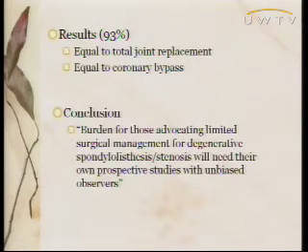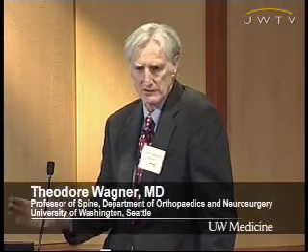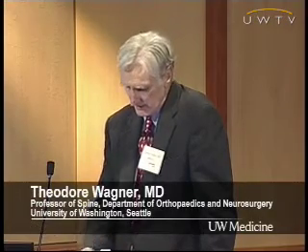And so the conclusion is that we now have a procedure that is equal, in outcome, to joint replacement and to coronary bypass, two well-known successful procedures. And he says, in conclusion, that the burden for those advocating limited surgical management for degenerative spondylolisthesis stenosis will be to have their own prospective studies with unbiased observers. So he's encouraging them to go and do the whole study over again for those patients.